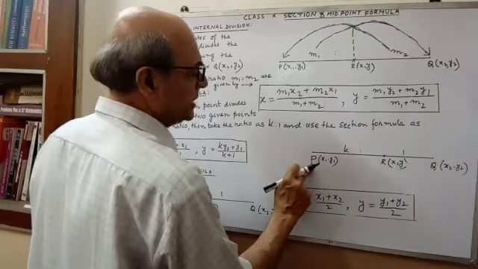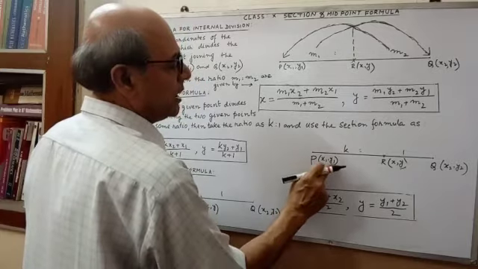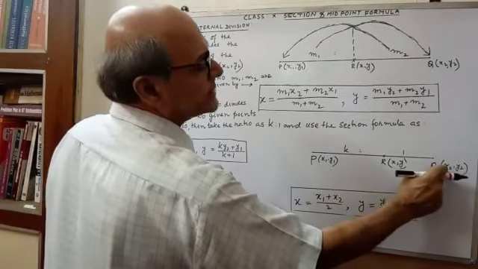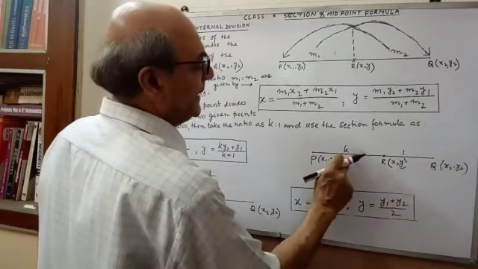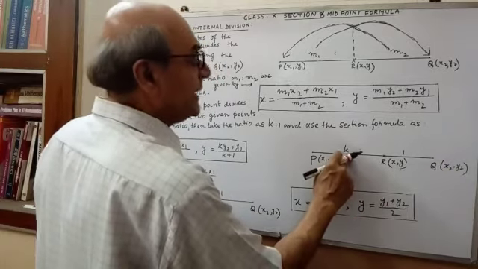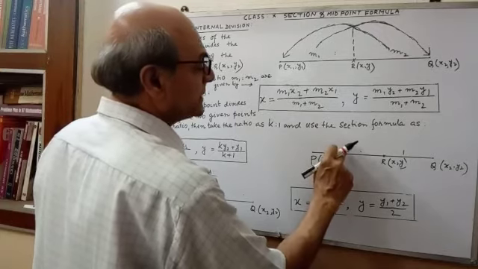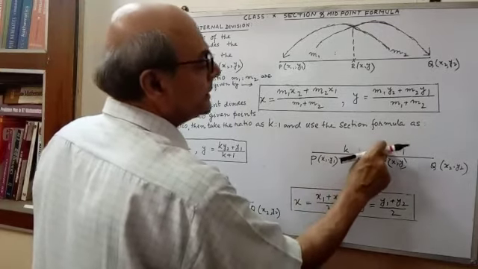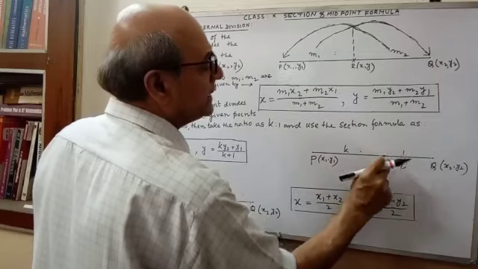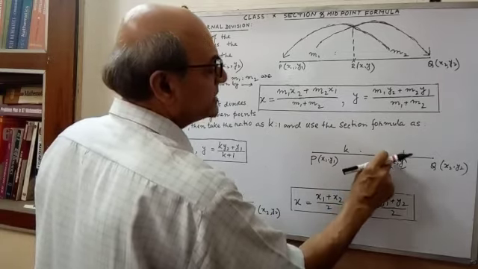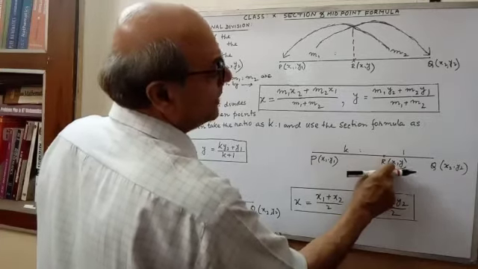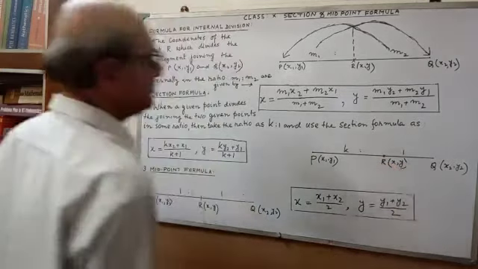The first end is P with coordinates x1, y1, and the second end is Q with coordinates x2, y2, and it is divided internally in the ratio k is to 1 at the point R, whose coordinates are x, y.